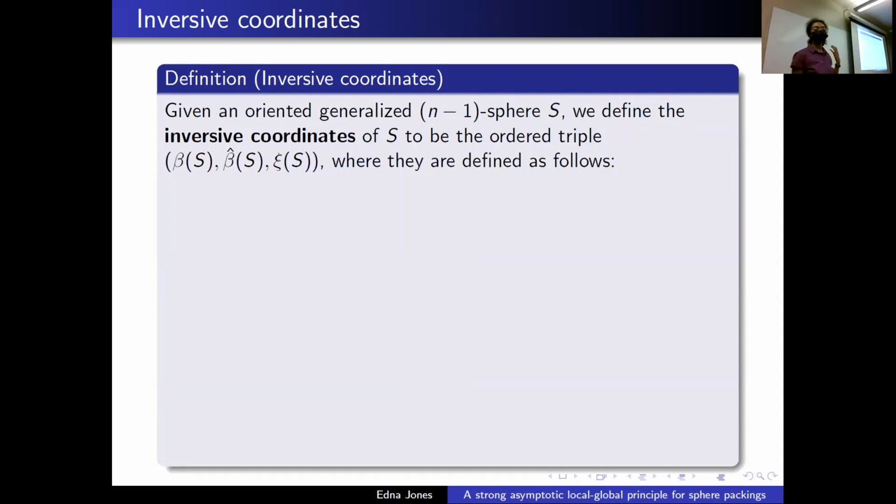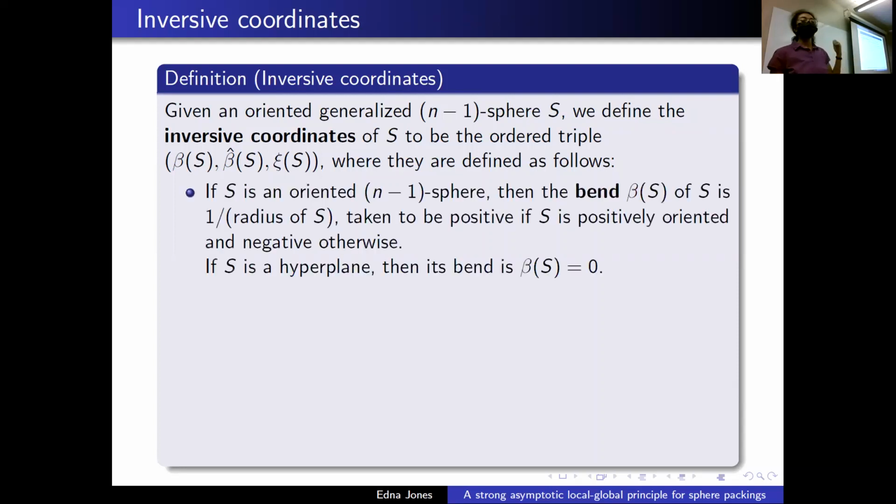Given an oriented generalized n-1 sphere S, we define the inversive coordinates of S to be the ordered triple beta, beta hat, and Cassie, where beta of S is the bend of S, which is 1 over the radius of S. It's taken to be positive if S is positively oriented and negative otherwise. If S is a hyperplane, then its bend is 0.